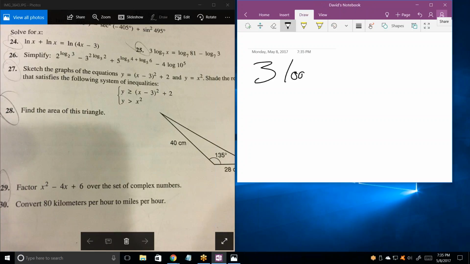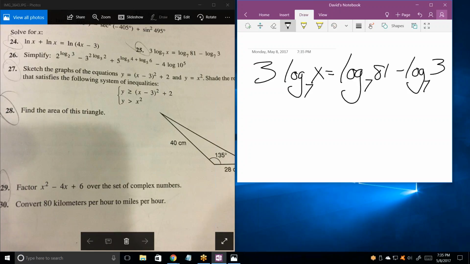3 log base 7. And all of these log rules apply only if all the logs are the same base. In other words, if one of these was a base 9 or something, then you cannot use any of those log rules.